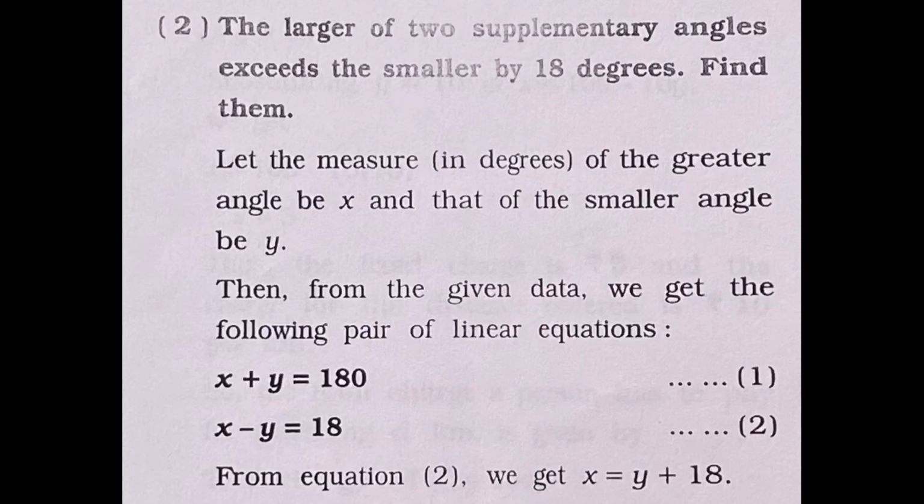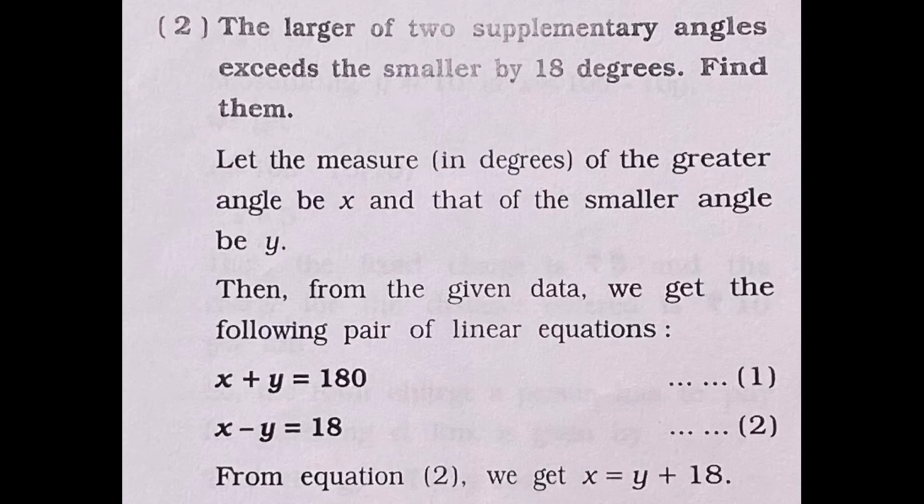The larger of two supplementary angles exceeds the smaller by 18 degrees. Find them. Now students, you know that the sum of the measures of two supplementary angles is always 180 degrees. You have studied it in 9th class, right? So here we'll suppose that the measure of the greater angle is x and the smaller angle is y.